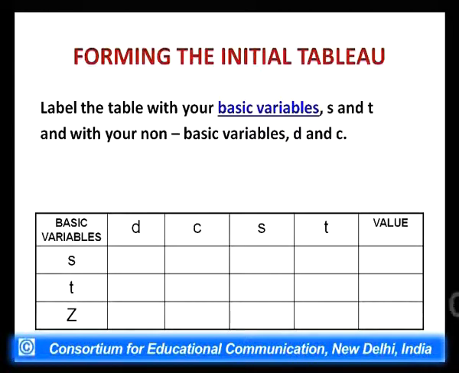The first, we have written basic variables d, c, s and t, and the last column is the column of values. In the first column, s and t are slack variables, z of course is the objective function. So s and t are to be specified and the objective function is to be specified. This is the way how to make the first initial table. The first table, how it is prepared. Now how to fill up the cells with the different values, I am going to demonstrate that.